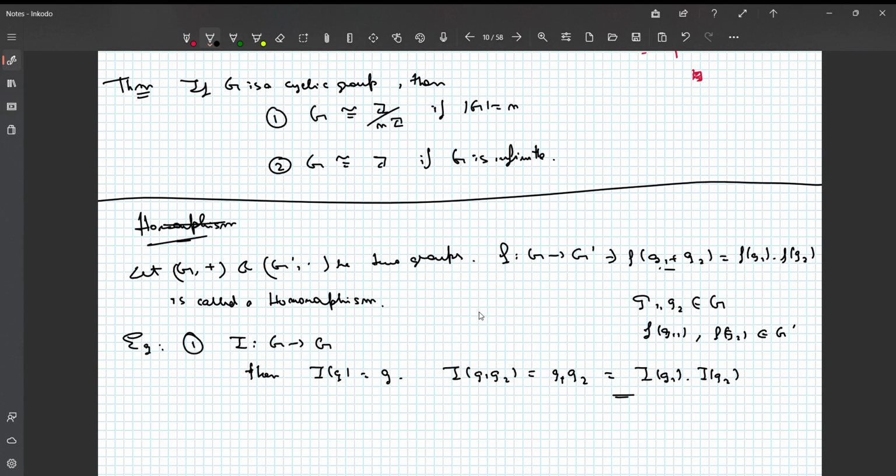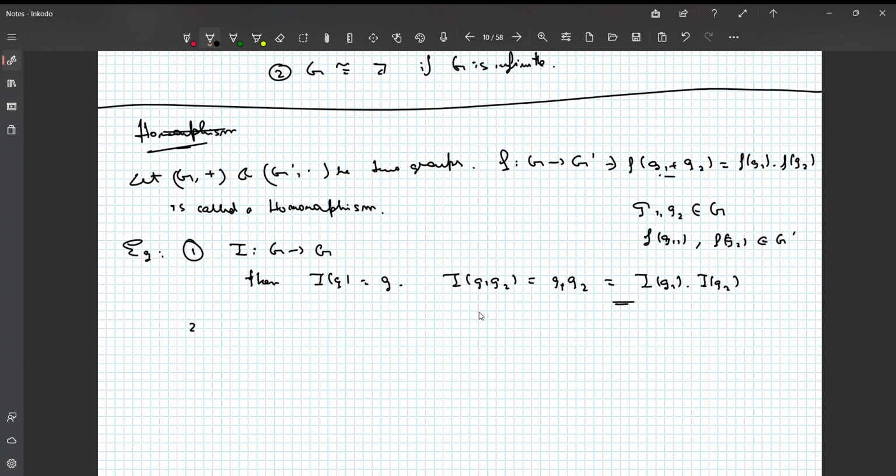Let me find some more examples. The next example: suppose you choose a mapping F from Z to Z mod nZ, where the right hand side has the operation addition modulo n, and on the left hand side we have normal algebraic addition.